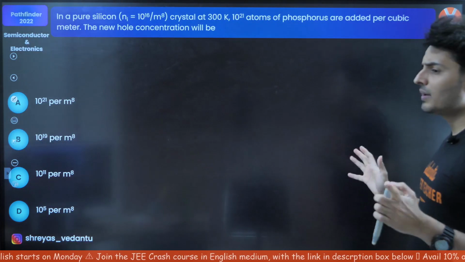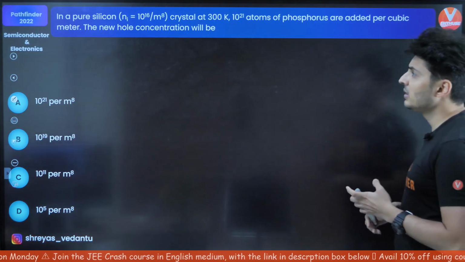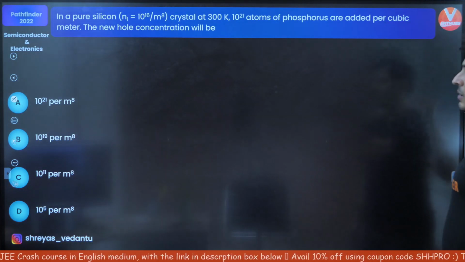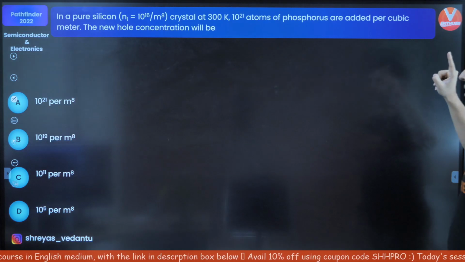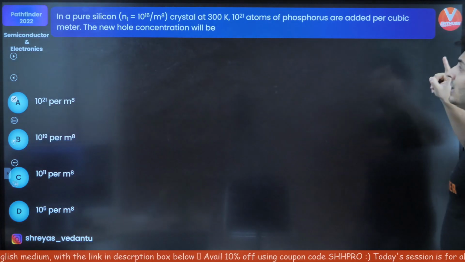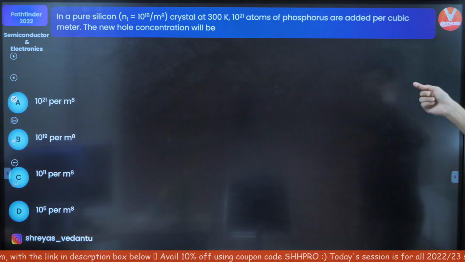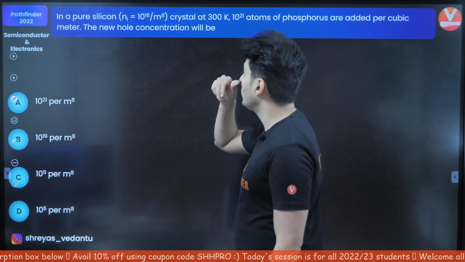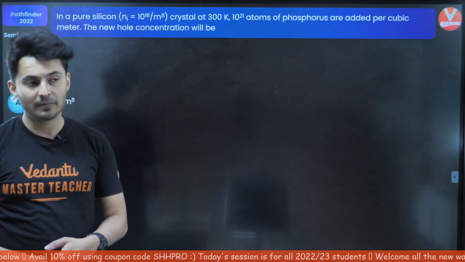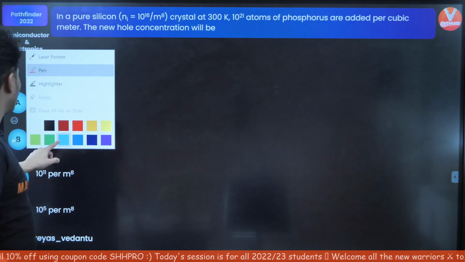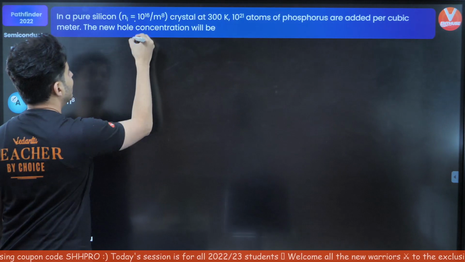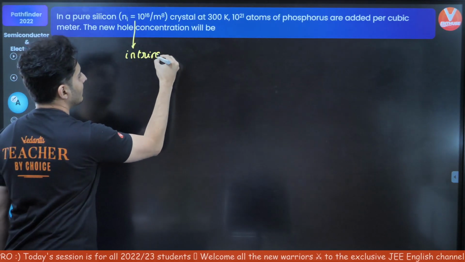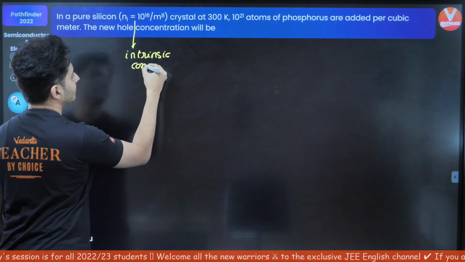In a pure silicon crystal at 300 Kelvin, Ni is 10 to the power 16 per meter cube. If 10 to the power 21 atoms of phosphorus are added per cubic meter, then the new hole concentration will be... Now Ni is basically your intrinsic concentration.